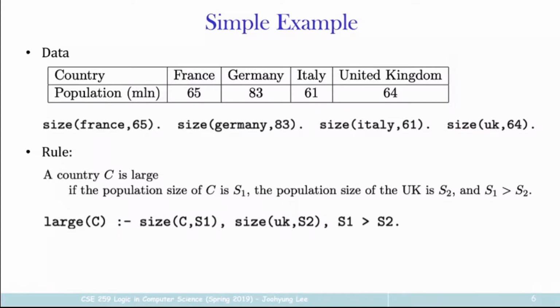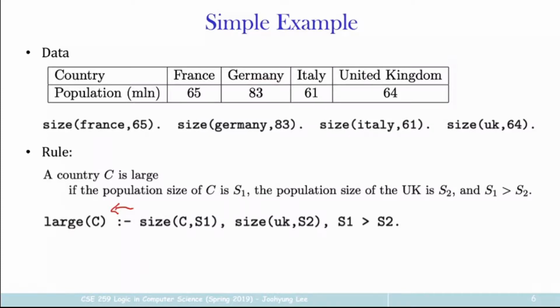The symbol colon-dash is called "if" in English. It's like an arrow in propositional logic, just written backward. This rule seems similar to an implication in propositional logic. If it is an implication written backward, we read it as: size of C is S1 and size of UK is S2 and S1 is greater than S2, then this implies that C is large.